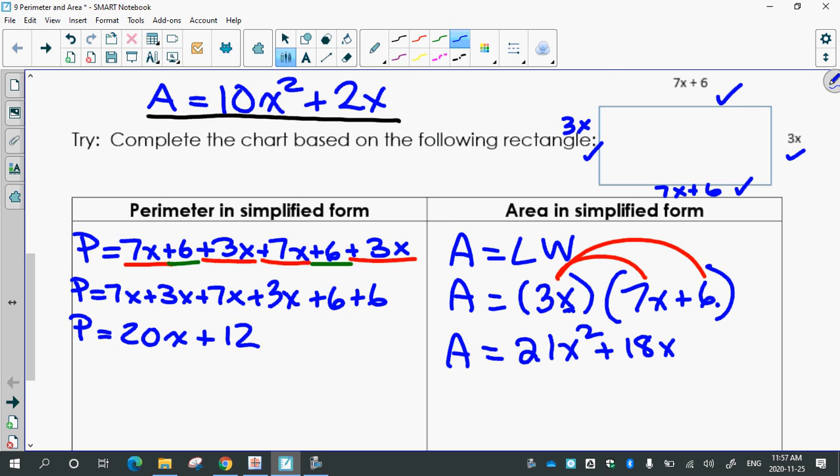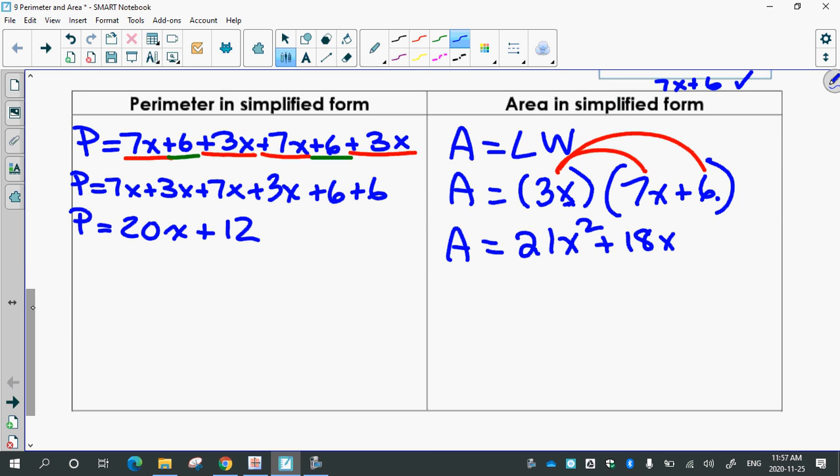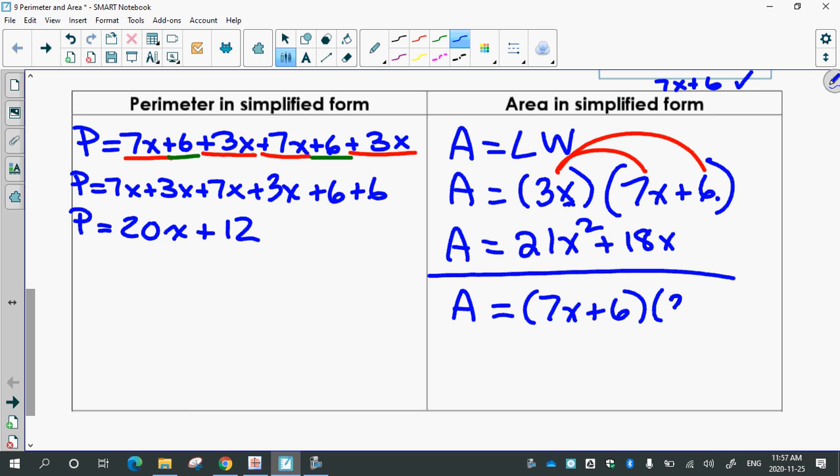Now I want to point out something, because this has happened before. You forget that you want to have your 3x first, so you end up writing this out. My question for you guys is, can the distributive property work like this as well? Yeah, because I'm still multiplying 3x by each of the things, so it can work backwards as well.